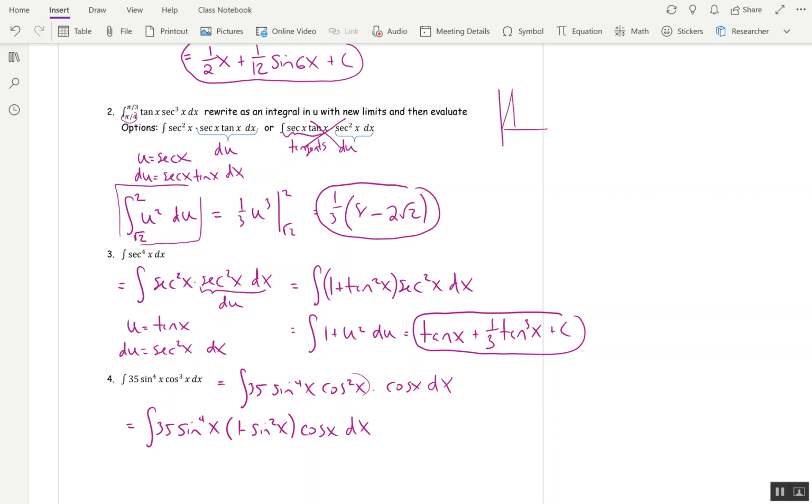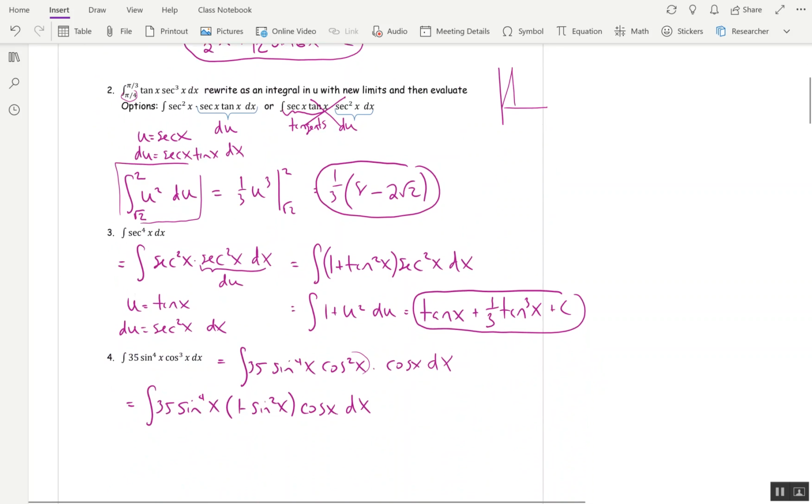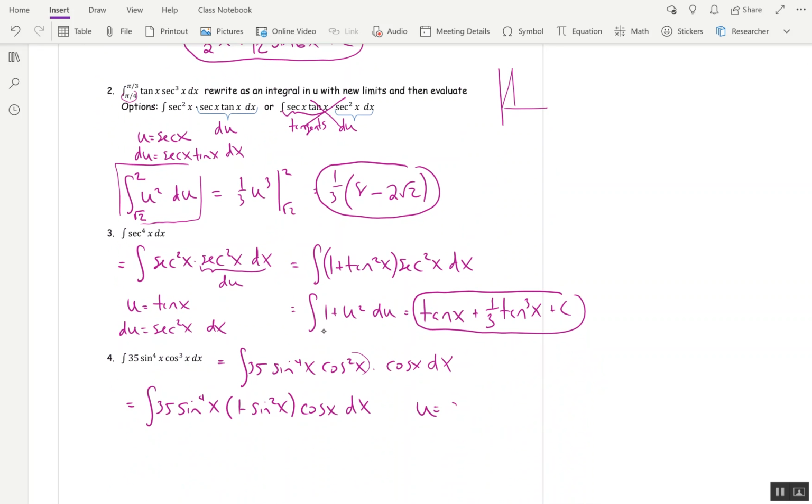Now I can multiply this all out and then do the u sub, but I think it'll be less writing if I do my u sub now. U is sine x, du is cos x dx. So now I can replace everything and then I'll multiply out. So this is 35 u to the 4th times 1 minus u squared du.